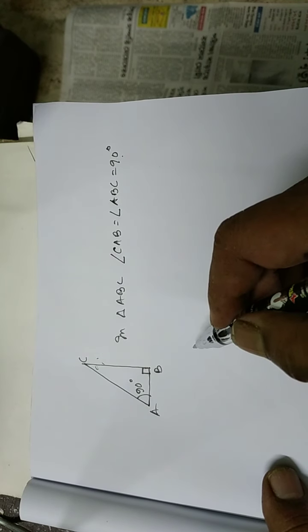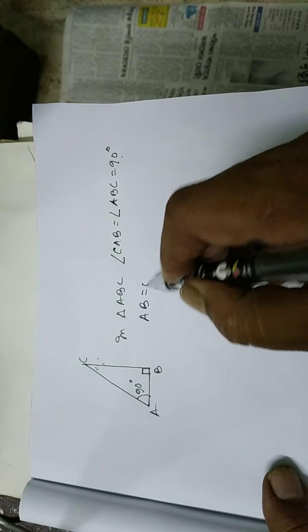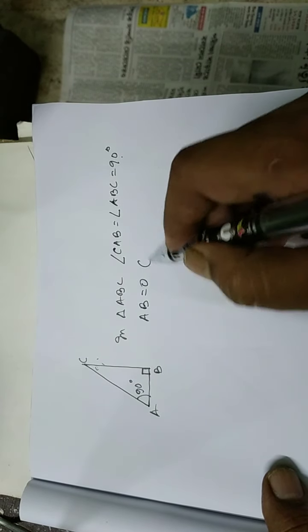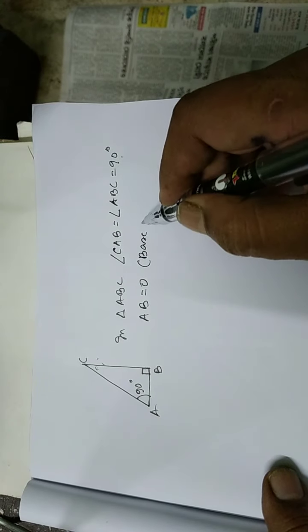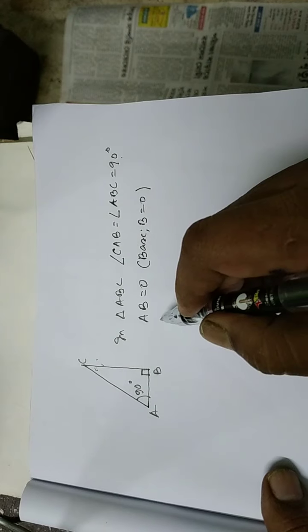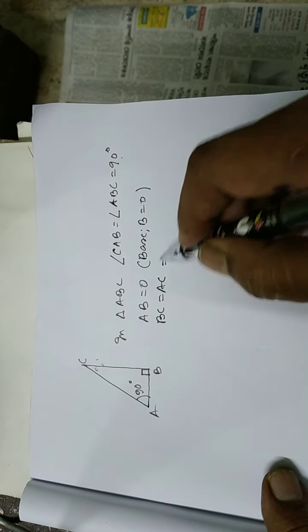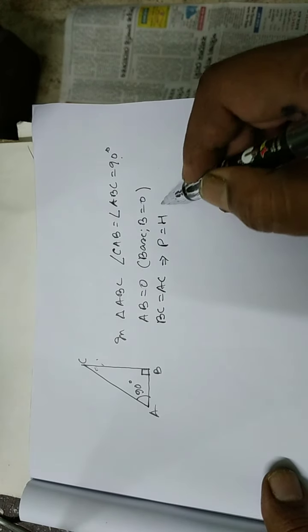What does this mean? This is only possible when AB equals 0, that is base B equals 0, and BC equals AC, that is P equals H, say equal to A.